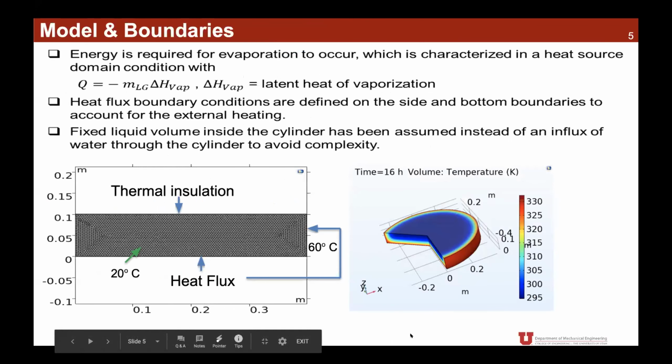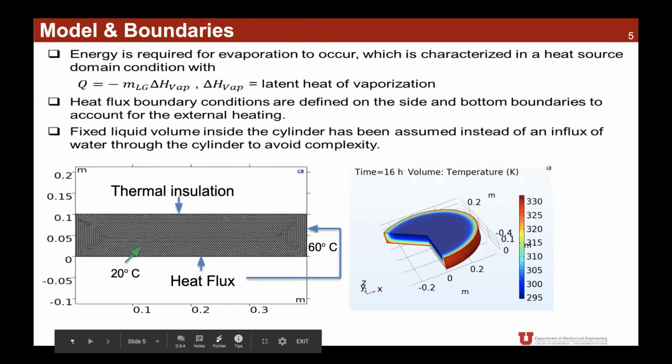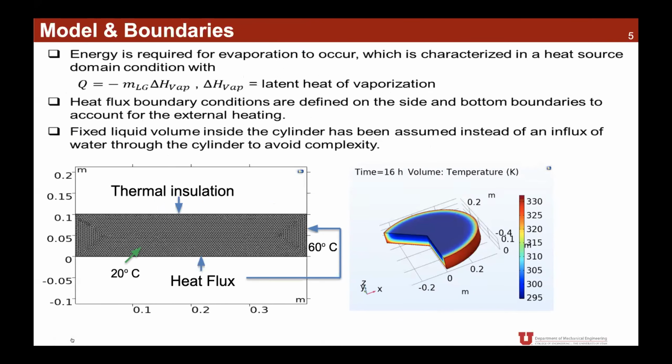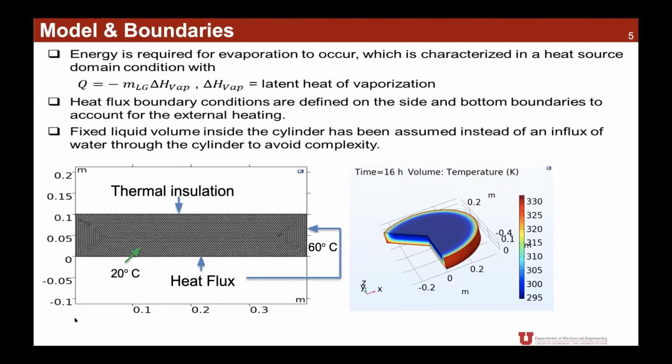So yeah, this is the model in 2D symmetry. Pratev, quick question. What about loss mechanisms in your model? Is that something you have to consider? I'm thinking more like radiative losses or convective losses.